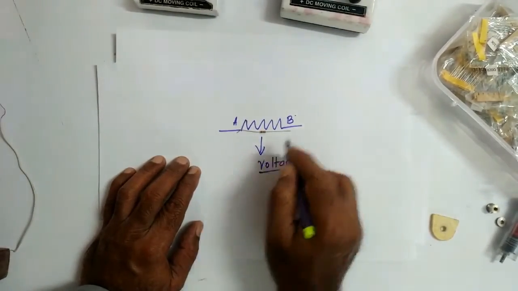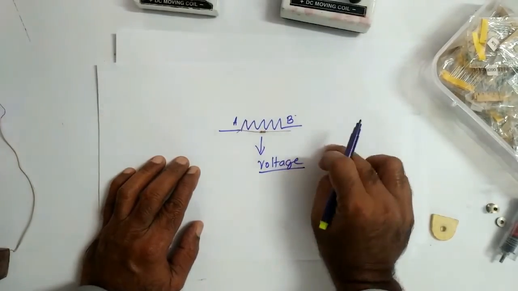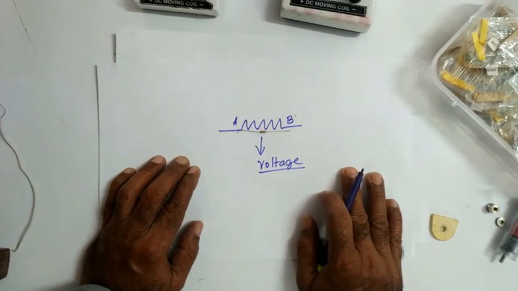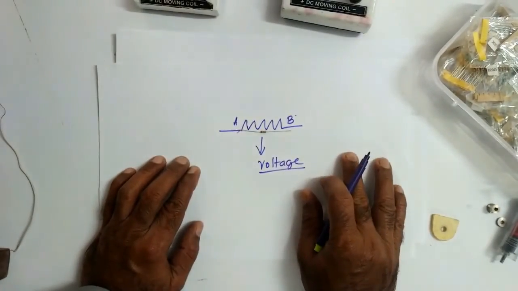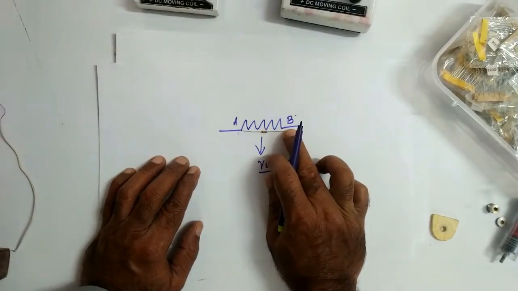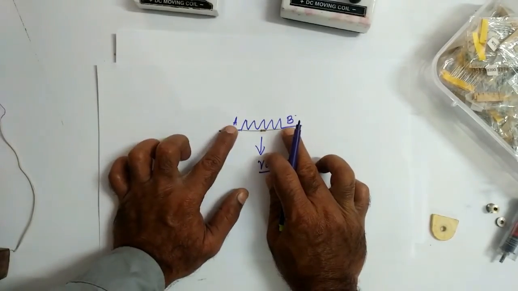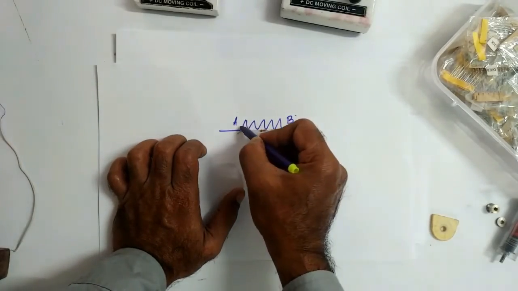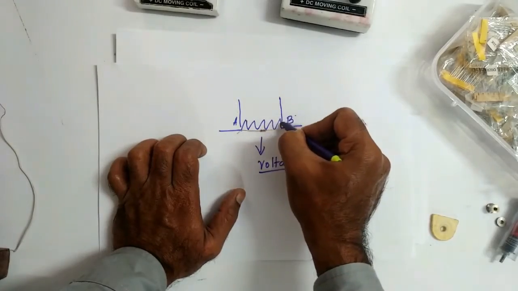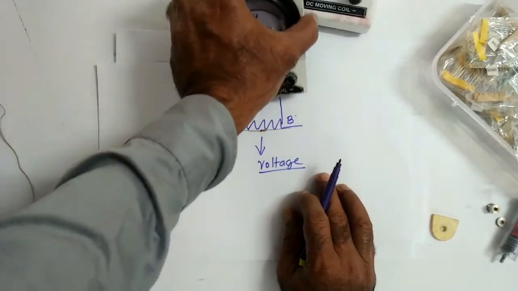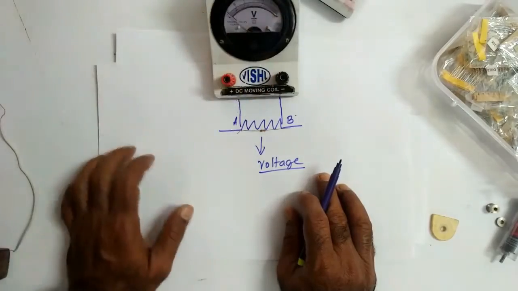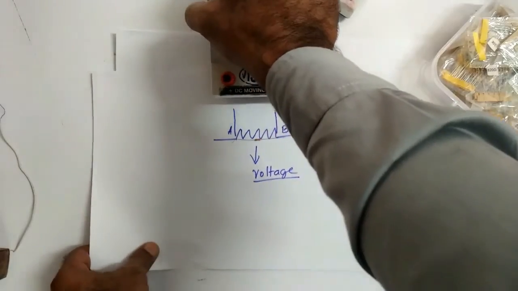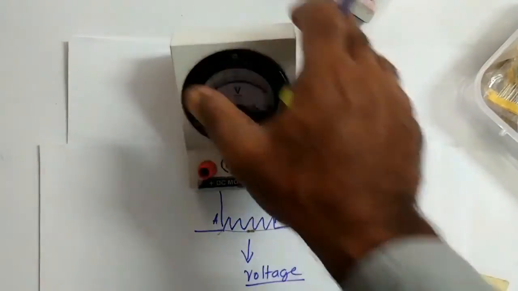No, voltage is always between 2 points, because it's the work done to carry a charge from one point to another point. So always 2 points are to be referred. And therefore, we have to connect this resistance to the voltmeter this way.